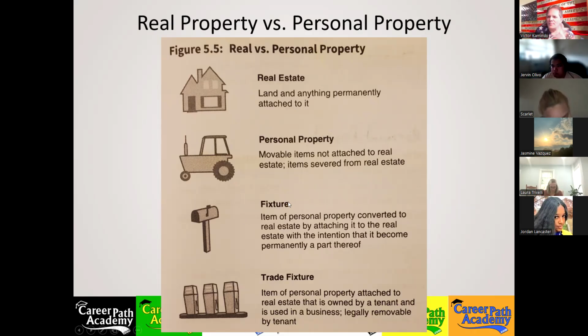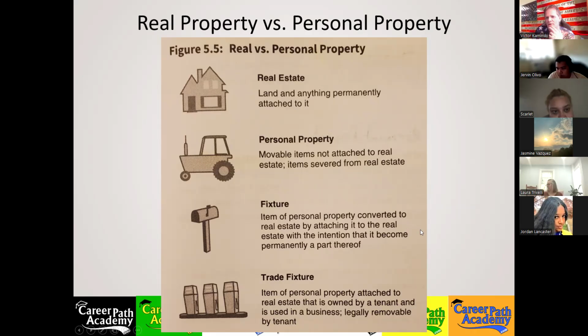Fixtures are the opposite. They're items that are personal property, but you attach them or fix them to the property in such a manner that they become part of the real estate, like this mailbox or a chandelier. You go to the store, you buy a chandelier, it's personal property. It's still in a box, right?